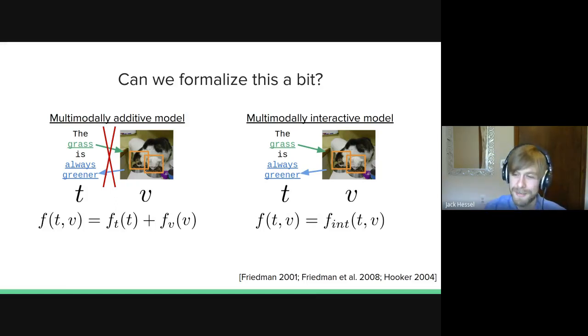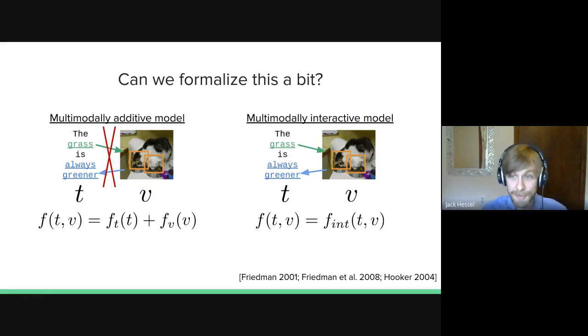In particular, recently we've adopted this framework from statistics that contrasts additive models with interactive models. Multimodally additive models are those that decompose as ensembles of unimodal models. And indeed, these models are not capable of doing cross-modal reasoning in any meaningful way because they decouple in this fashion.